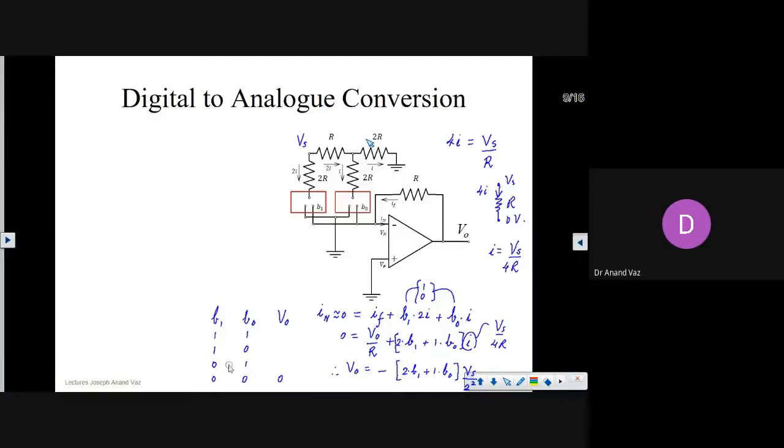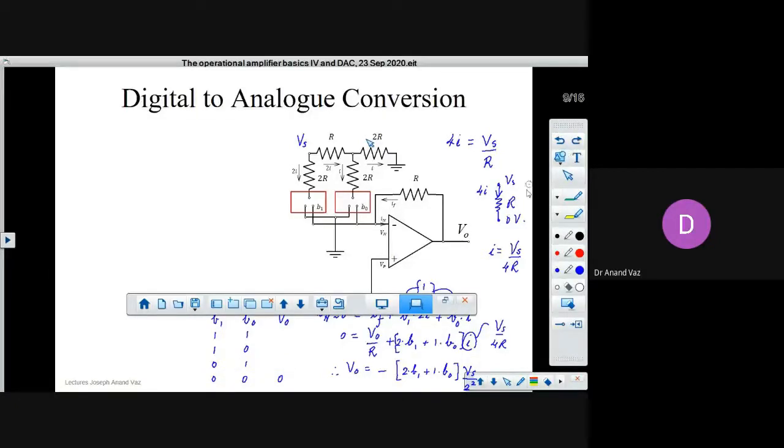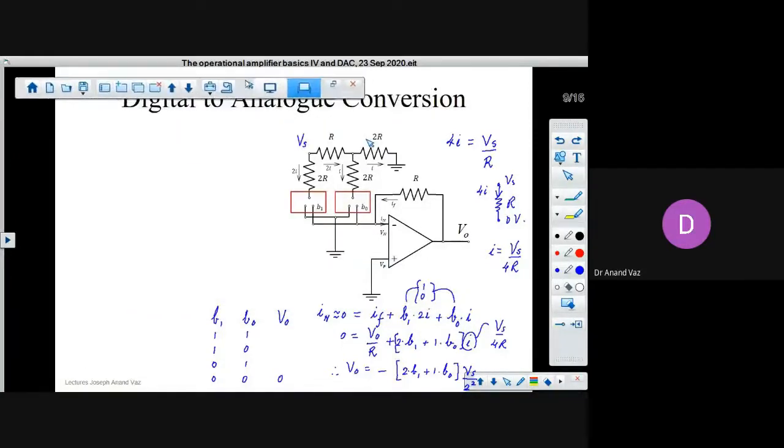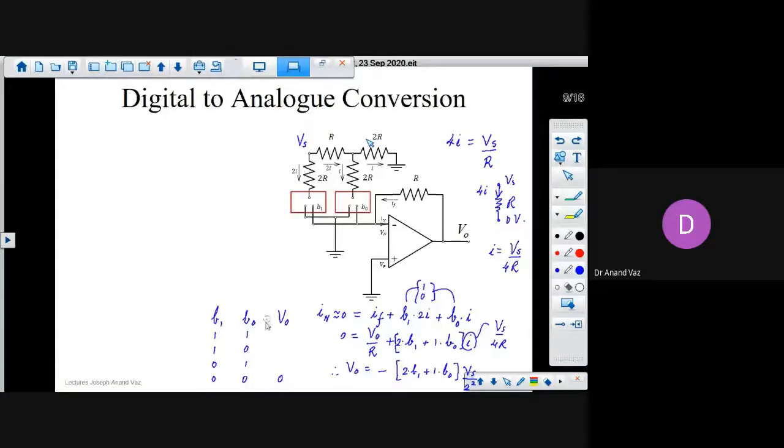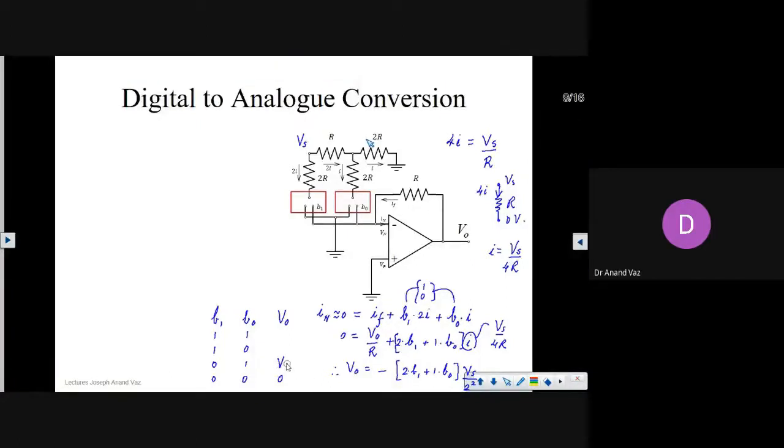When you have the combination 0, 1, here you have 1. In that case, you get Vs divided by 4.